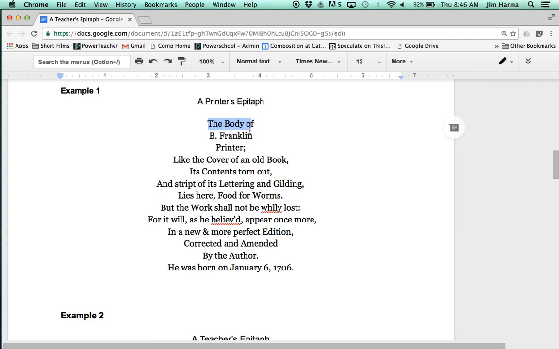So we've got the body of B. Franklin, printer, and you'll notice that one of the lines in here is the occupation or the role that Franklin sees himself in. Then we have the actual simile in this case, like the cover of an old book. So he is saying that his body is like the cover of an old book.